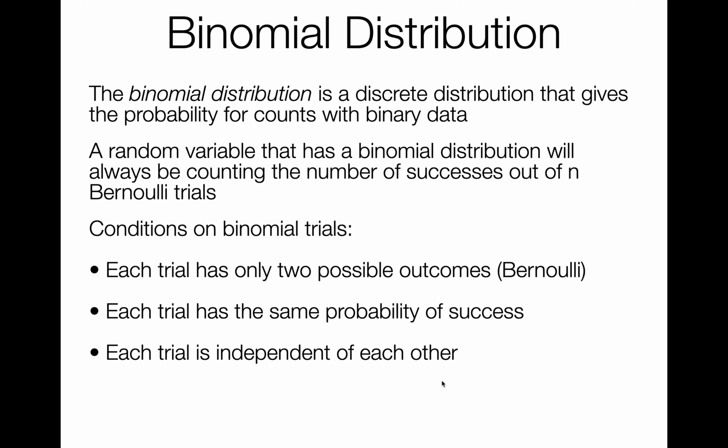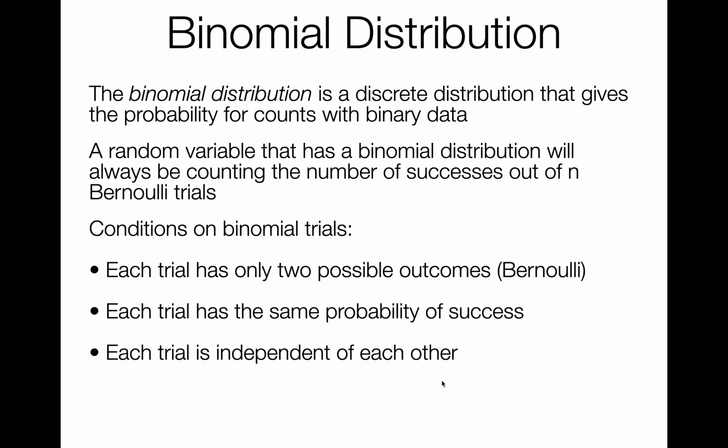That means it's a Bernoulli trial: a trial with only two possible outcomes. So if you flip a coin, heads or tails, success or failure, 0 or 1, anything that has two outcomes.